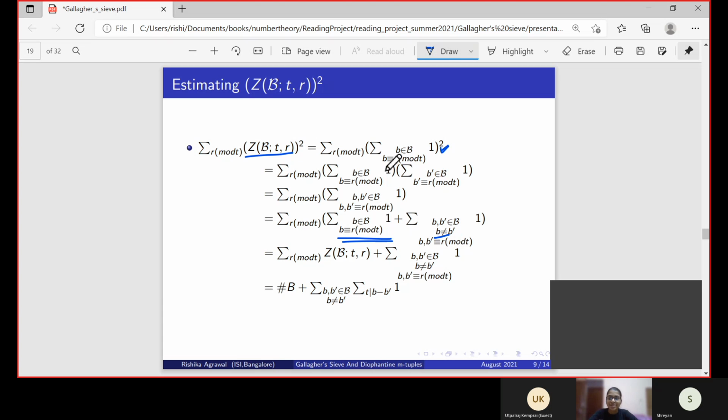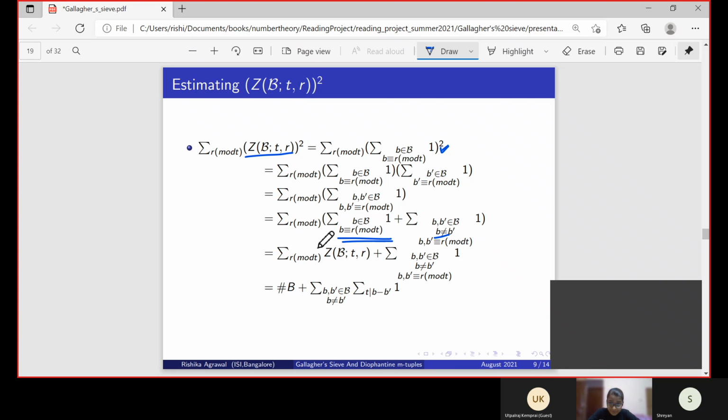What remains constant is that b is congruent to r mod t. Given b and b prime are the same, the condition that b belonging to B is congruent to r mod t is enough, and when not equal, we have considered b and b prime both as r mod t.